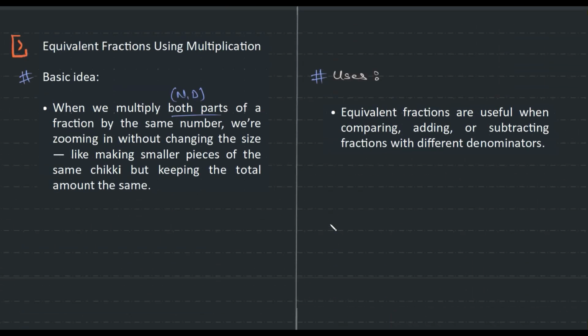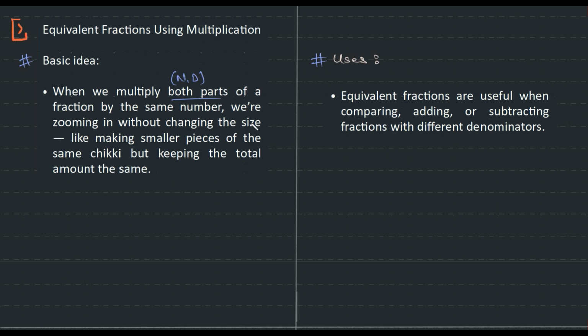Okay, so what are we looking at? We are looking at figuring out equivalent fractions using the method of multiplication. All you have to do is, given any fraction like, say, 10 by 13, take the numerator and denominator and multiply with any number like, say, 3, but the same number has to be multiplied with the numerator as well. On multiplying, whatever we get is your equivalent fraction to the original.